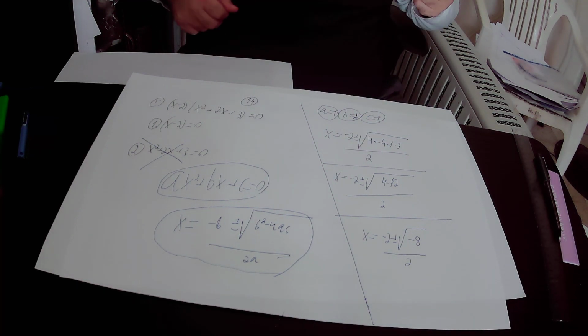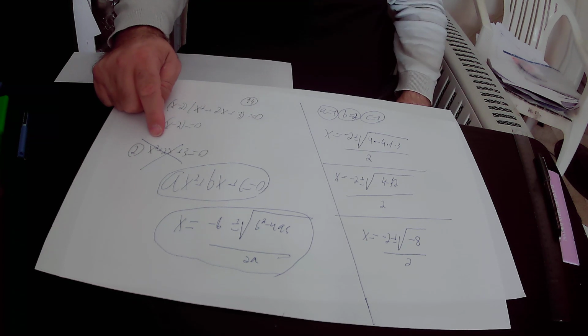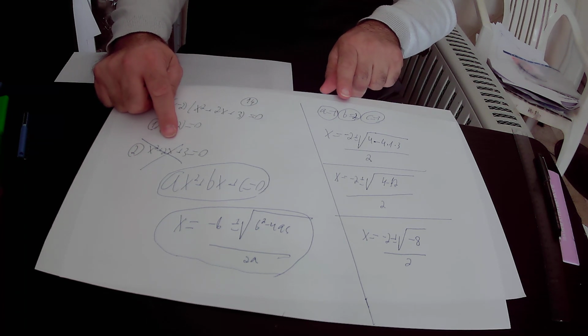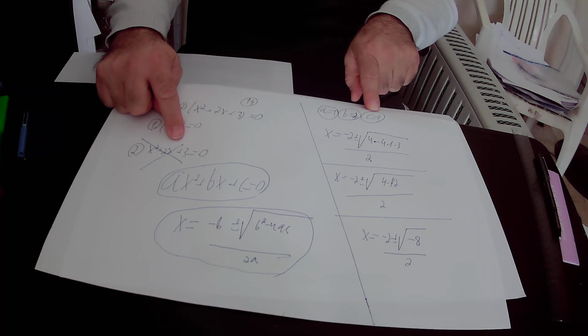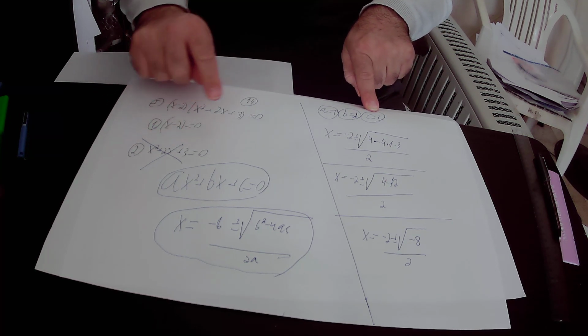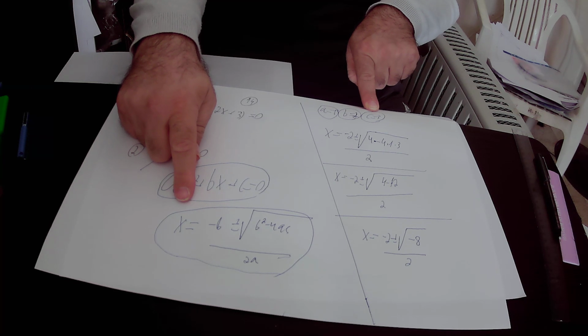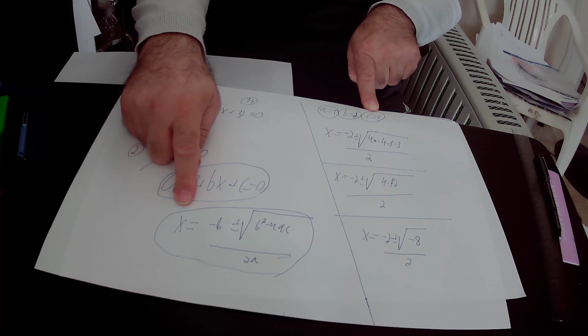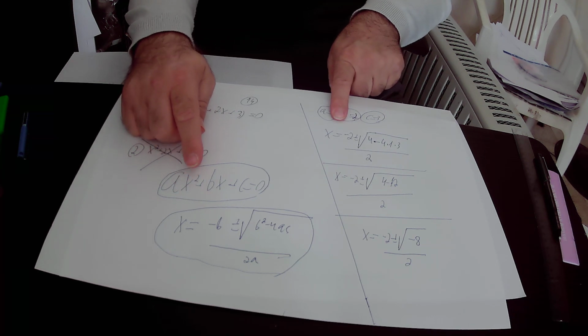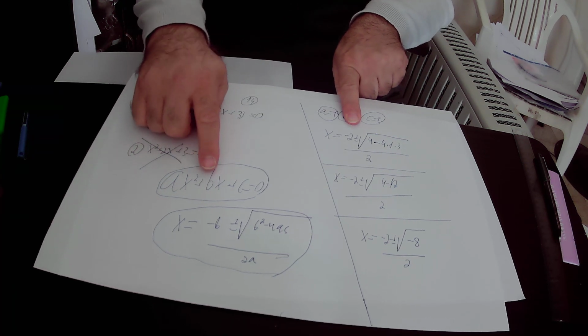And in our specific quadratic equation, the coefficients are as follows: a equals 1, b equals 2, and c equals 3. So we put the data inside this formula in order to find the value of x that we are looking for. So x equals minus b.